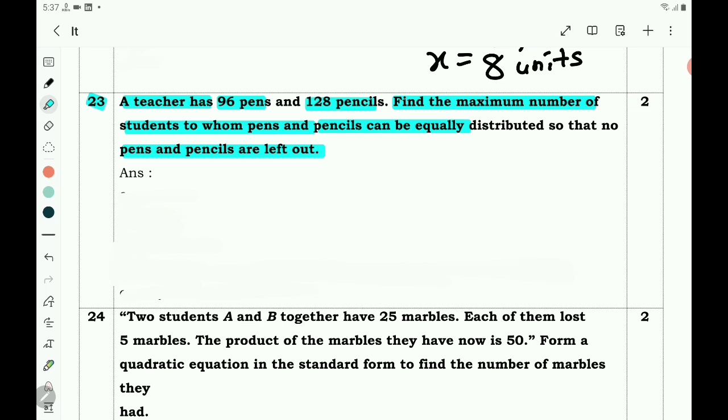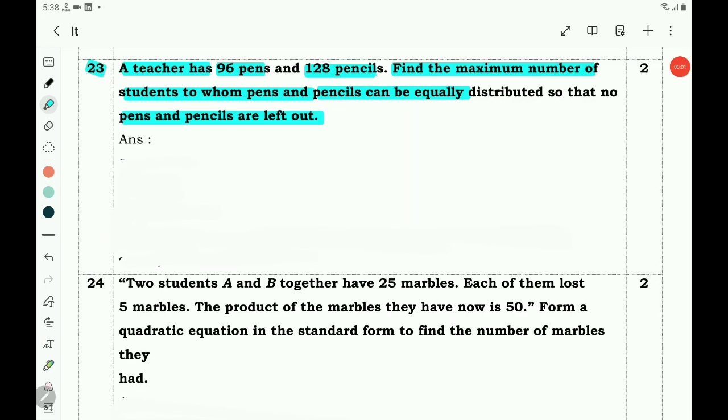Here it means we have to find out the HCF. Take 96 and 128, factorize them and find the HCF.